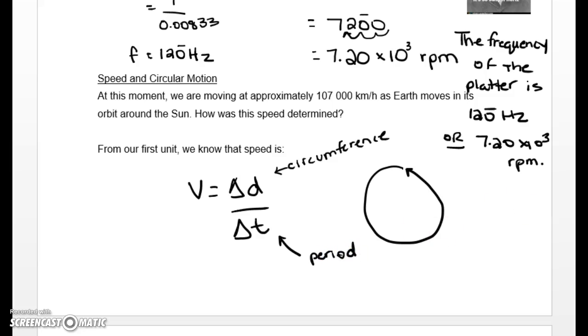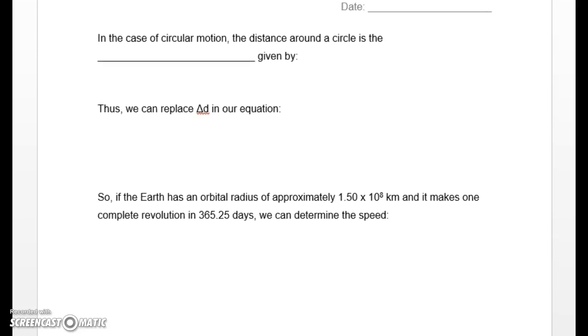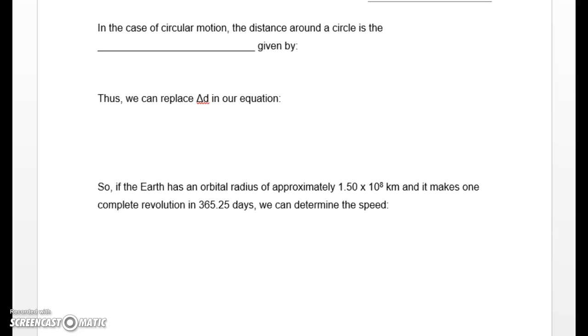So we're going to come up with a brand new equation to calculate speed for circular motion on the next page, so I'm just going to scroll down. All right, as I had mentioned just seconds before, in circular motion, the distance is the distance around a circle, so that is your circumference.